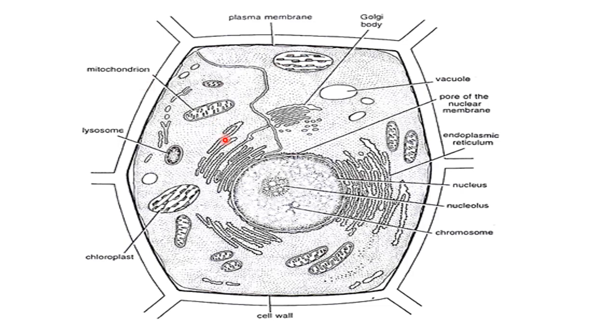This is the plant cell, which is bounded by the cell membrane, but not only the cell membrane, they are also bounded by a rigid structure called the cell wall. But animal cells do not have a cell wall.